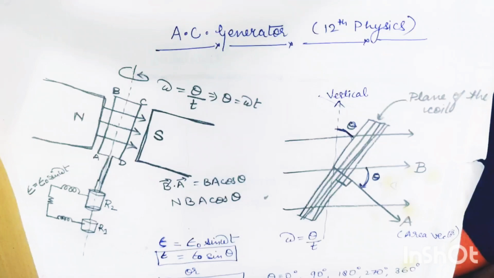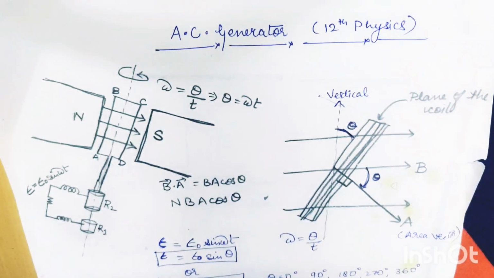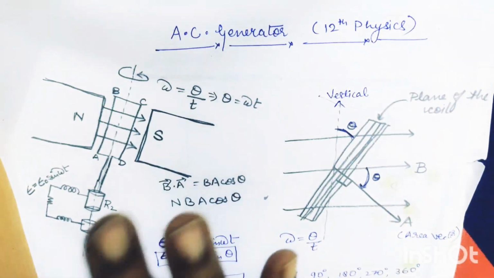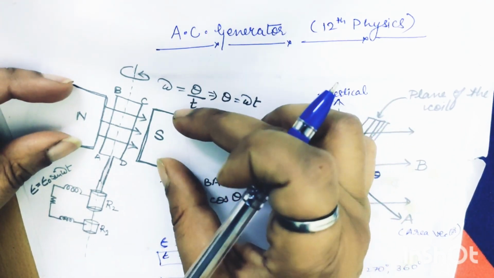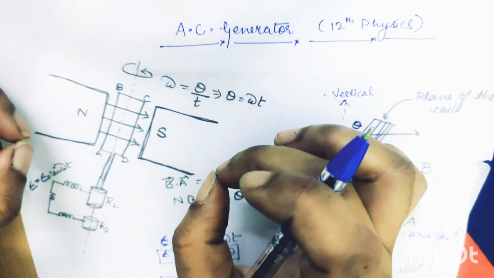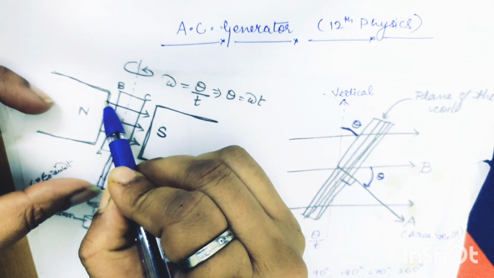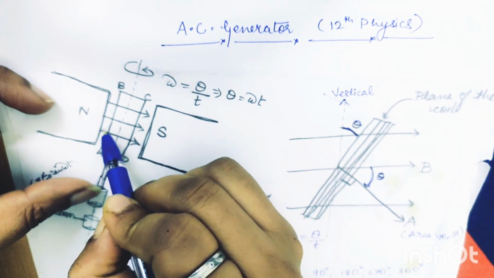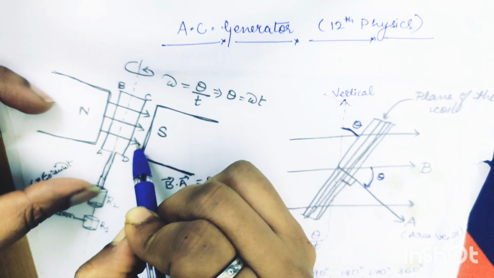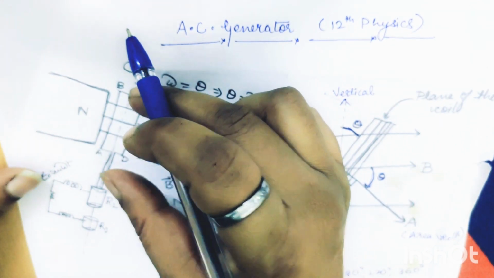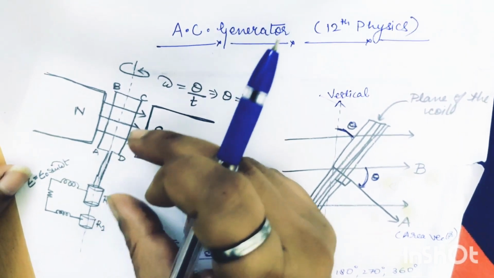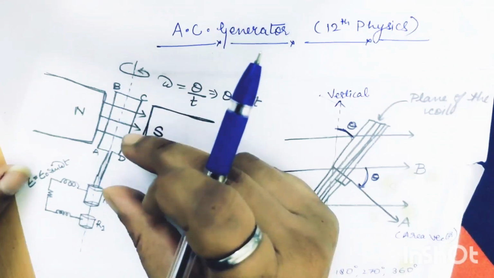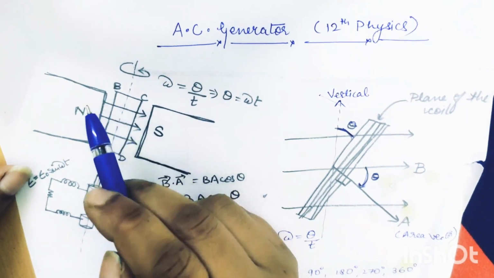So continuing with my topic, AC generator. Students, please listen carefully to what I'm explaining with the help of this diagram. This N and S are two powerful magnets. They have a magnetic field in between them. We have put a coil which is associated with some power, due to which some mechanical force is generated, and this coil moves.